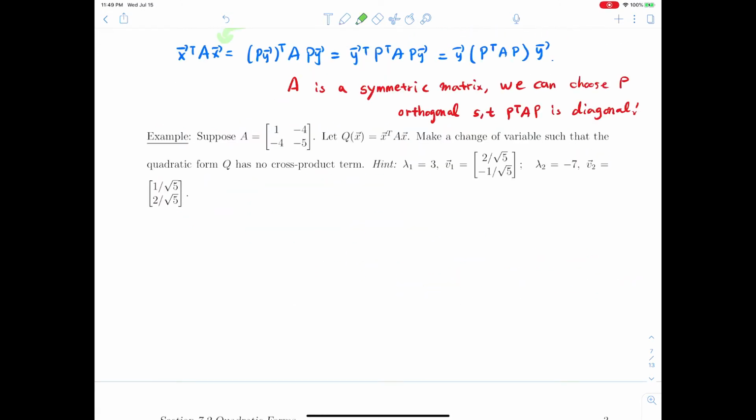Suppose that A is given by this 2 by 2 symmetric matrix, and let's say Q of x equals x transpose A times x, where the eigenvalues for A are 3 and negative 7, and the corresponding eigenvectors are v1 and v2, and they are also unit vectors. Then Q of x equals x transpose A x.